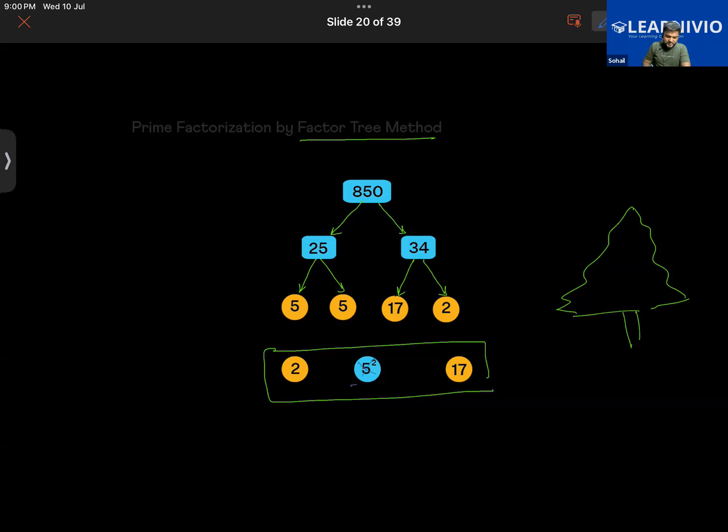This is basically 5 times 5. So the prime factorization of 850 is 2 multiplied by 5 multiplied by 5 multiplied by 17. That is the answer. Is that clear to you?